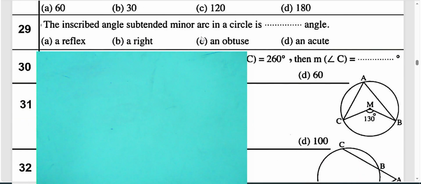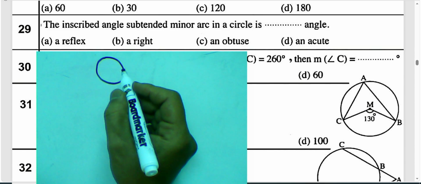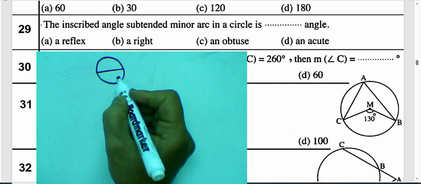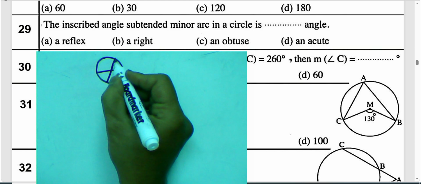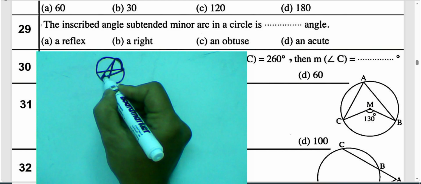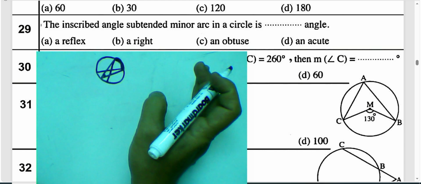The inscribed angle subtended by a minor arc in a circle is what angle? He asked about the inscribed angle subtended by a minor arc. A minor arc is the small arc in the circle, and the angle will be acute. Like this, we have the diameter and the small arc. If we draw this angle, we call it an inscribed angle drawn in the small arc of the circle, the minor arc, and it will be acute.